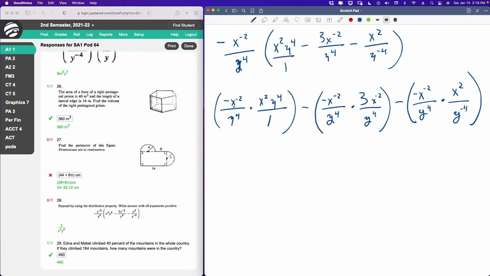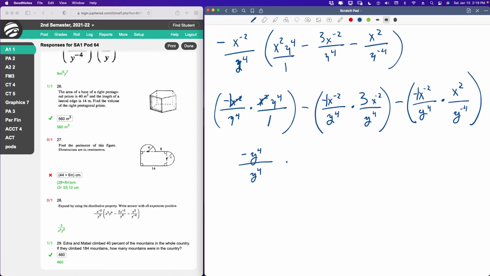This is when you have a negative in front of a variable, just put in a negative 1 right there. It's going to make your life so much easier because now you know how to deal with that negative. You know you have a number there. So, x squared, x to the negative 2, x to the positive 2, those cancel each other out. So we have a negative y to the 4 over a positive y to the 4.